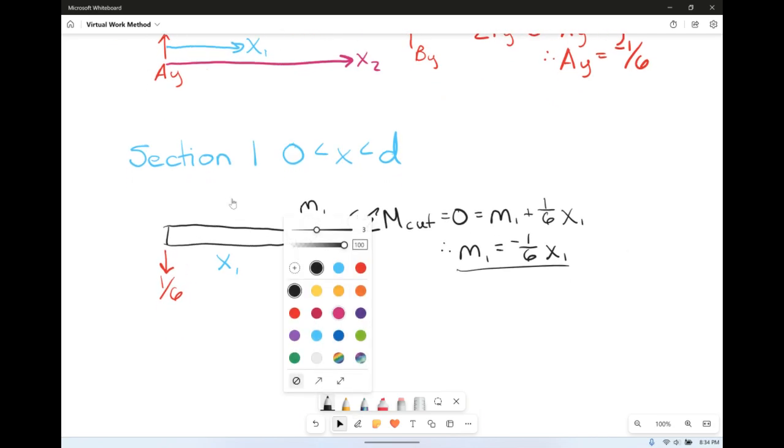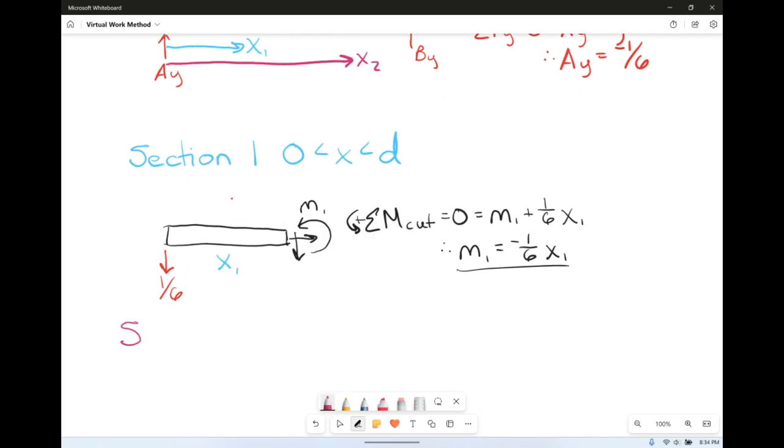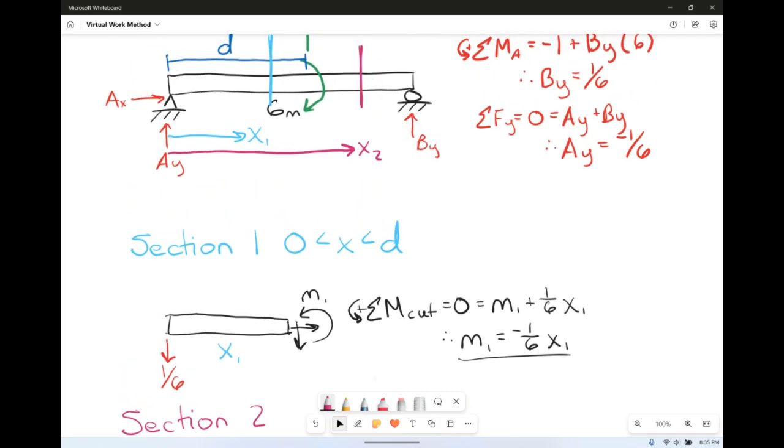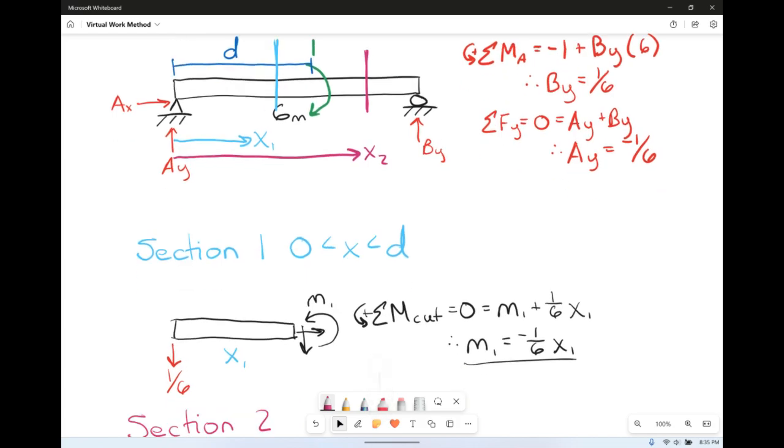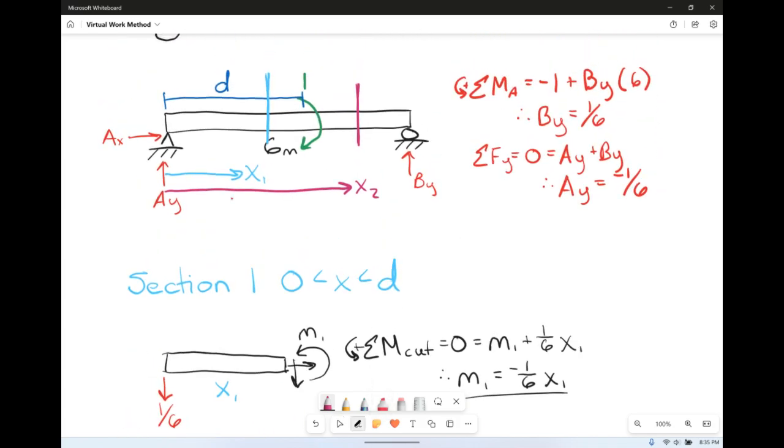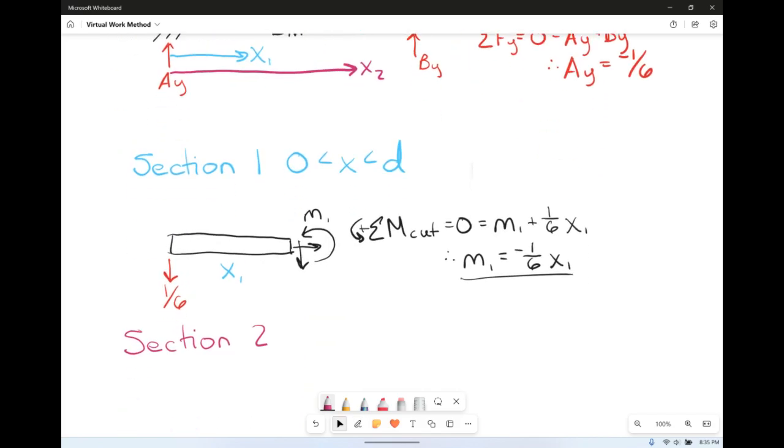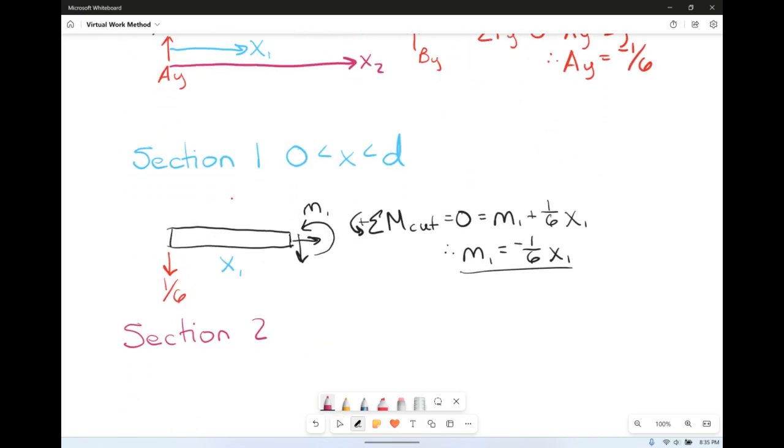Next, we're going to analyze it for section 2. In section 2, x is going to go from D. We've got to pick up where x1 left off. So we're going to go from D all the way to the end, so from D to 6.